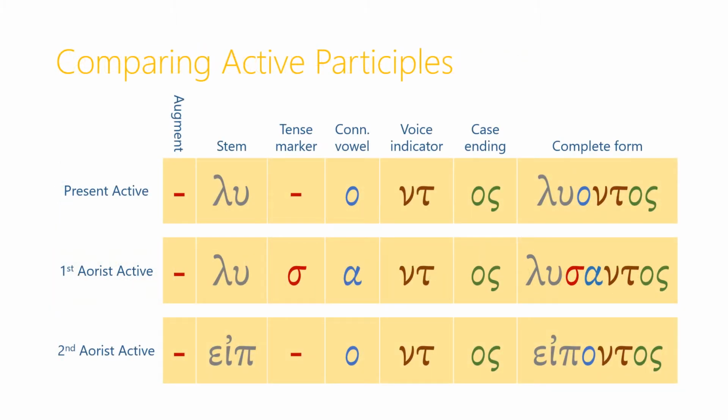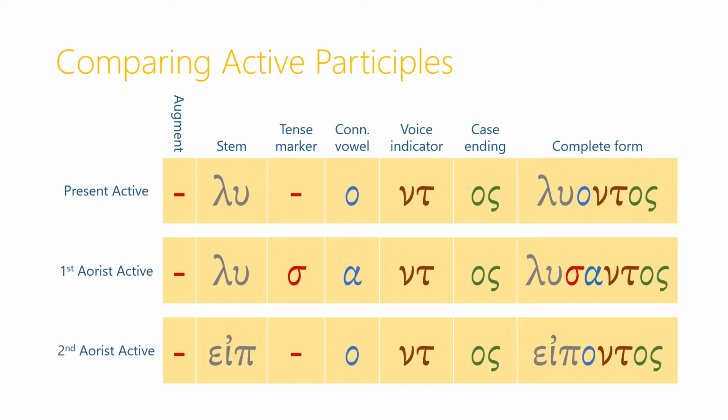We can, again, compare the parts of different kinds of participles here. With the second aorist active, we had the second aorist stem, ape, no tense marker, and an omicron connecting vowel, and then nu tau voice indicator and the third declension or first declension case ending. The first aorist active participle, if you remember, was very much the same.